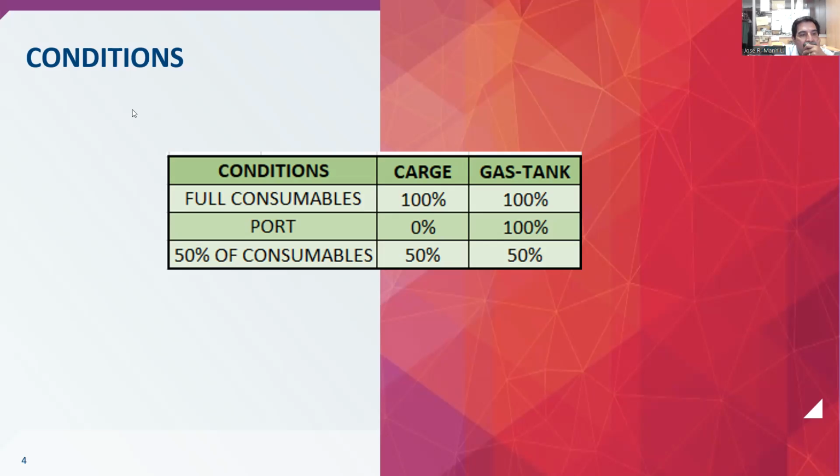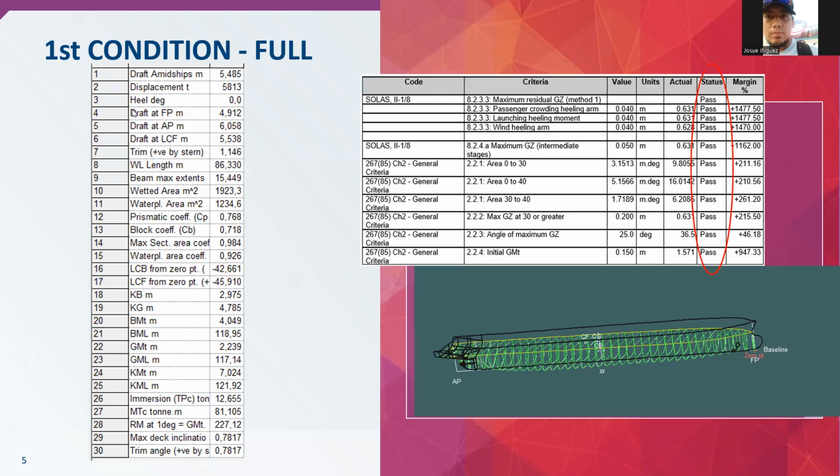Go on. In this part, I worked on maximum stability and got the GZ curve. After that I verified that the IMO requirements are met, as you can see in the table.